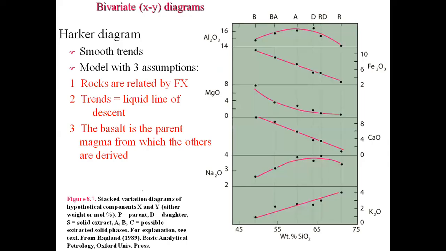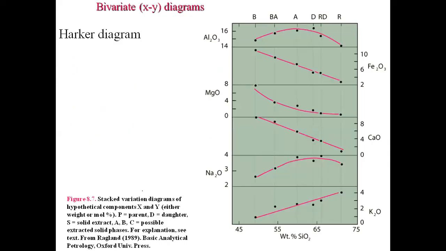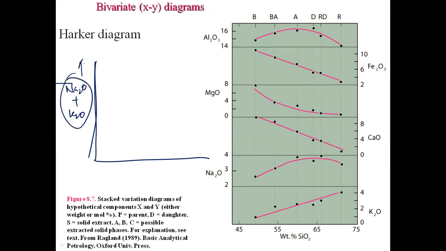Now see. अब यहाँ पे बताओ, अगर मान लो कि हम एक डायग्राम बनाए यहाँ पे, और यहाँ पे लिखते हैं अल्कलीस Na2O plus K2O, it is increasing here, and here I will write silica, it is increasing here.